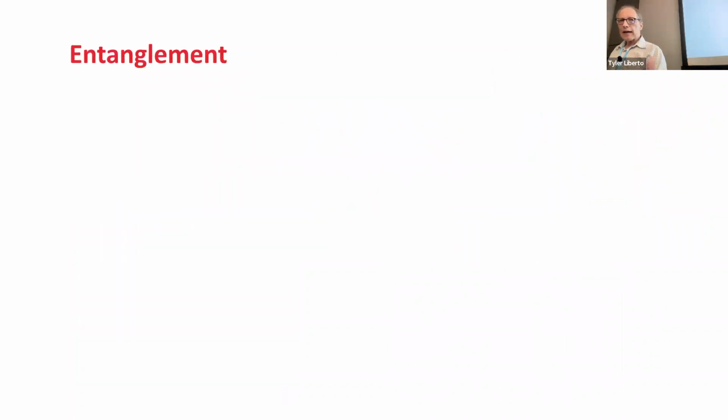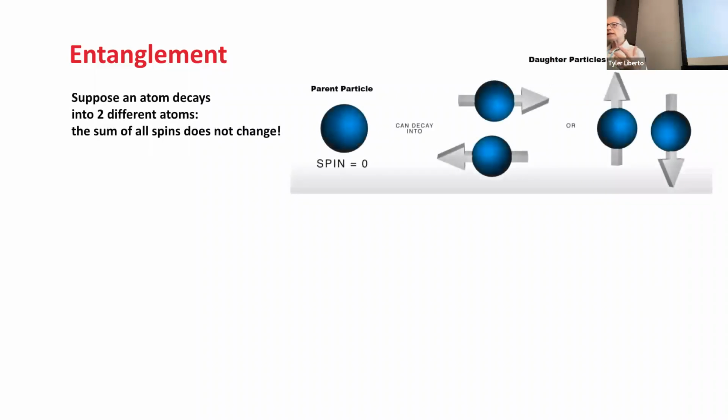So the last piece that is used for quantum computing is entanglement. Entanglement means that if I know some properties of one part of the quantum system, then I can infer automatically the properties of the rest of this quantum system, as long as the quantum system doesn't interact with the environment.